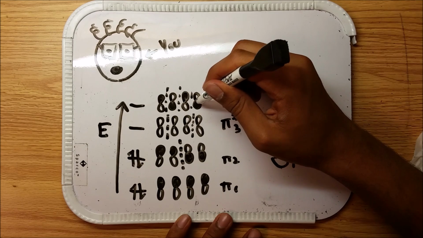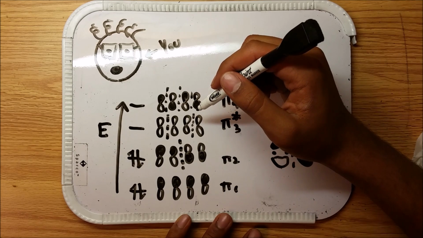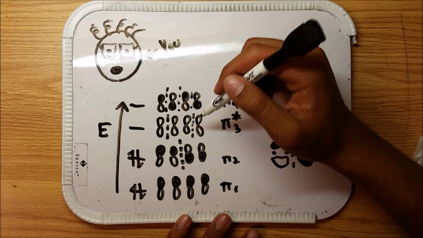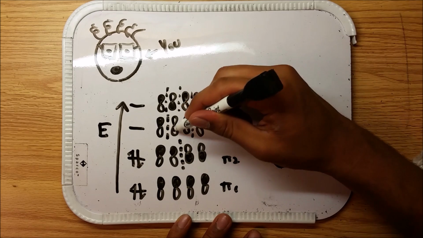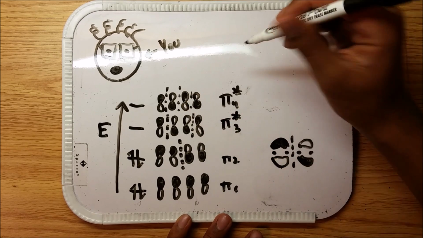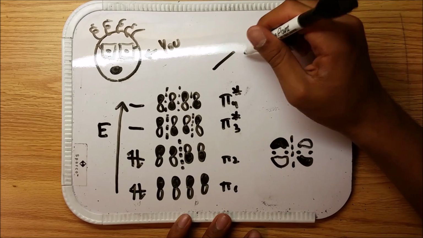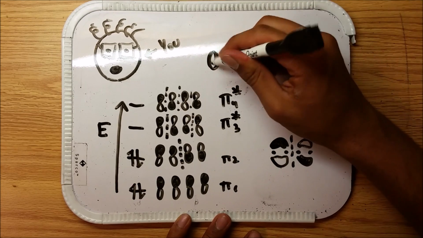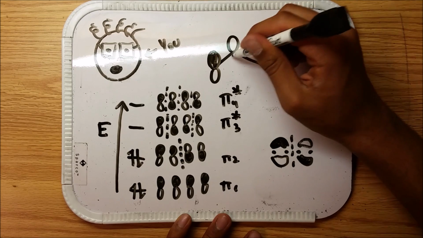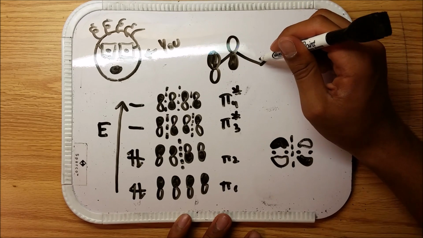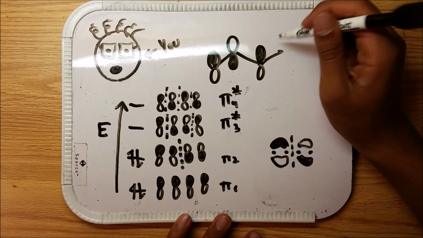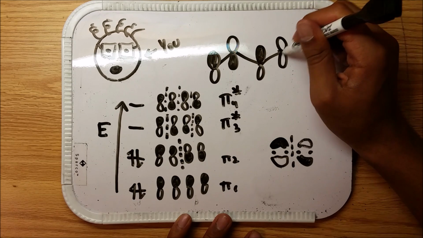Now, the combination of the phases can show these electron densities. So if we took, say, the pi 4 star, and we applied it to a real situation, we'd see that we would literally just have 4 different electron densities, none of them combining, none of them stabilizing.